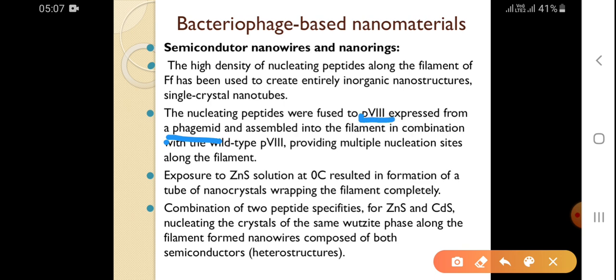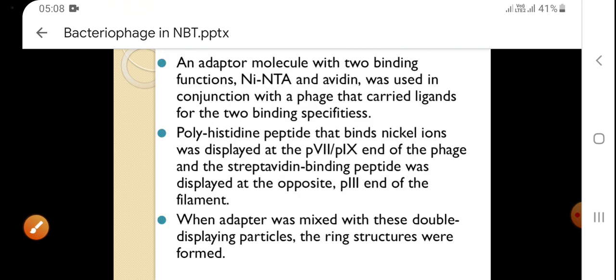So this is assembled along with the nucleating peptides. Now this is exposed to zinc sulfide solution. What happens? This results in the formation of a tube of nanocrystals, right? So this is a nanowire, and this is a semiconducting material.